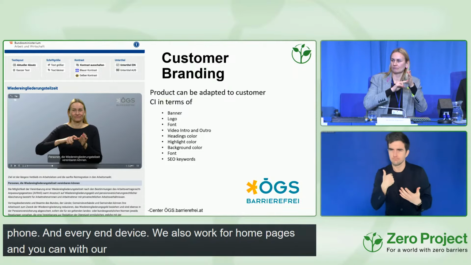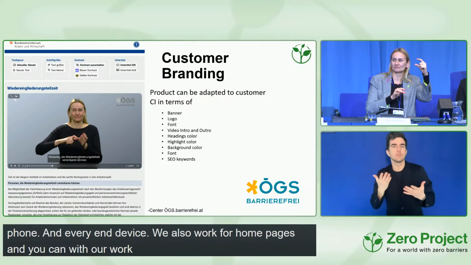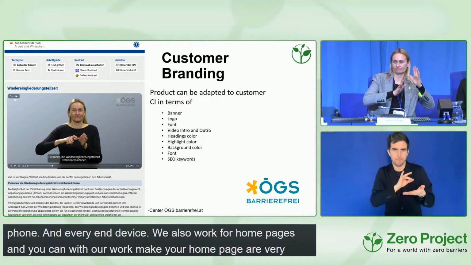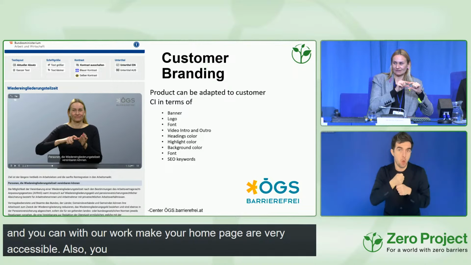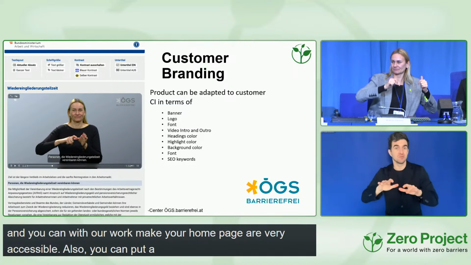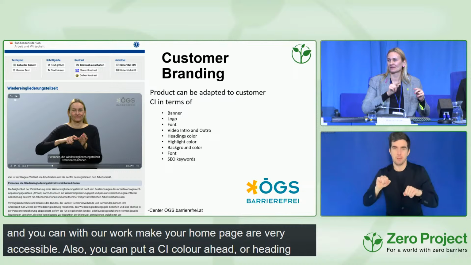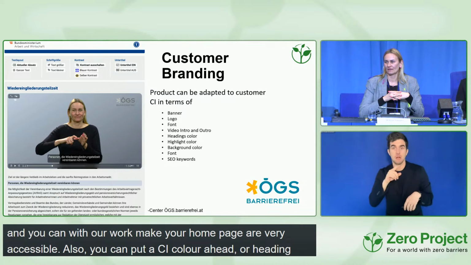You can also put CI color ahead, or the heading of the text in CI color, links in the text in CI colors, and also switch with this highlight between the signing person and the text.